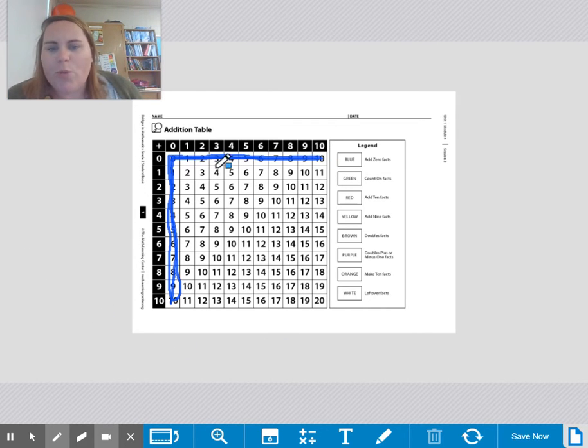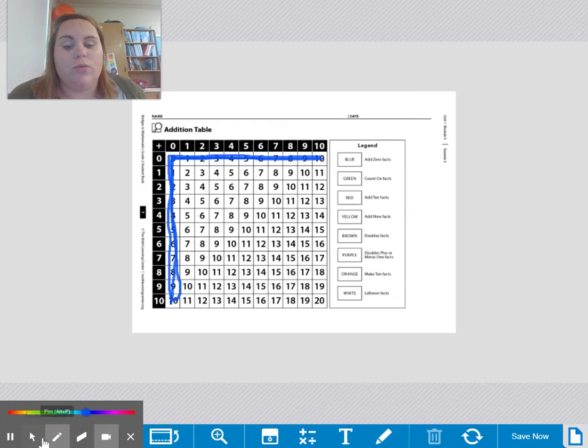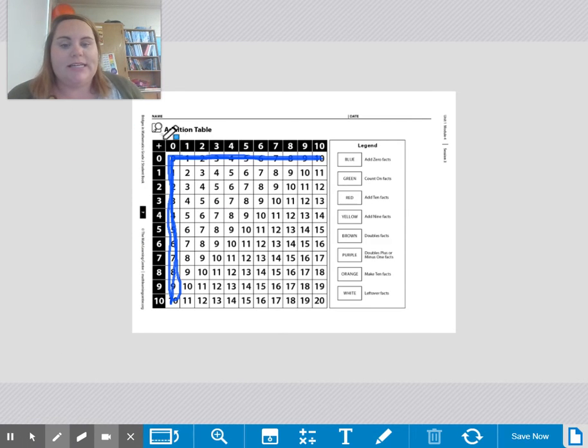So what do you notice about the numbers that I colored in blue? What I notice is for every number, let's look here at number 1, it's the same. And let's look at number 5 over here, 5 and 5.